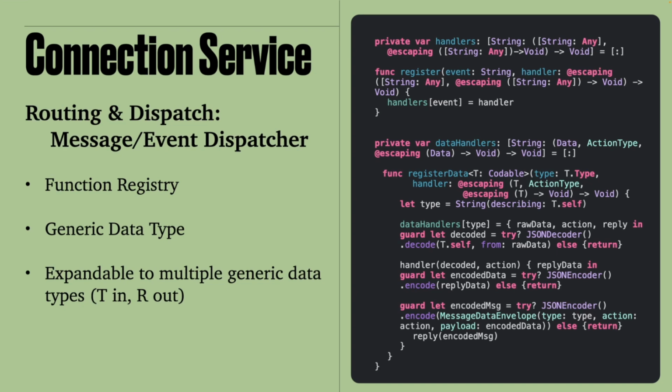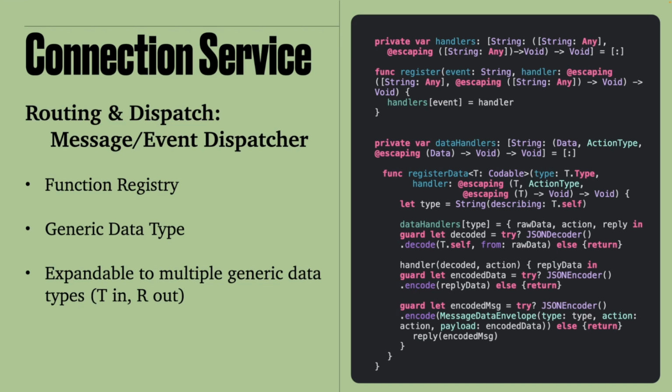For the send data function specifically, it lets us be a little more flexible, so we can come up with a generic method to handle that data, and also set up the data handlers so that the connection service doesn't need to know anything about the data that it's receiving, other than it needs to be encoded.